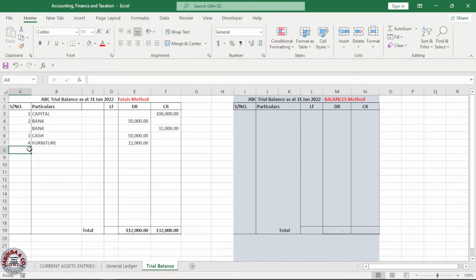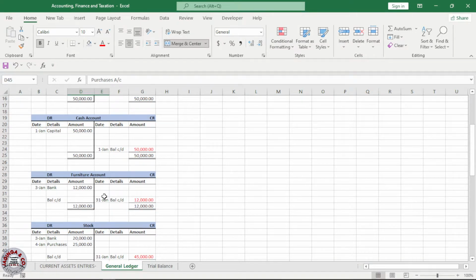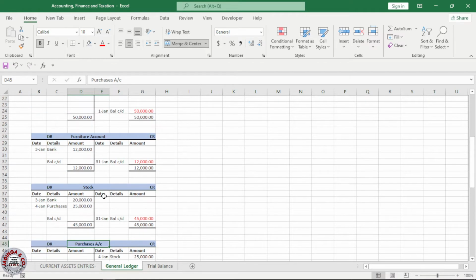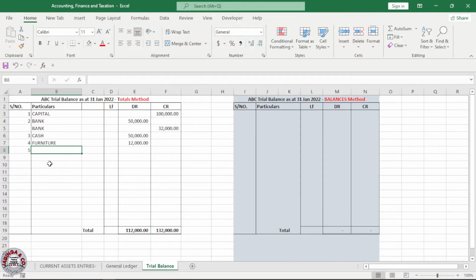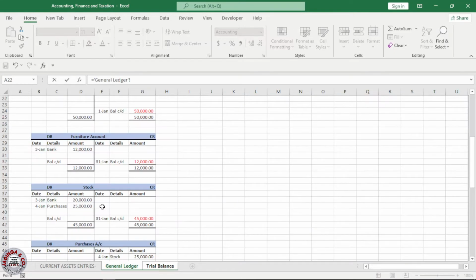And then the fifth one we have stock. In stock we have two totals. We have 20,000, and then we also have 25,000.